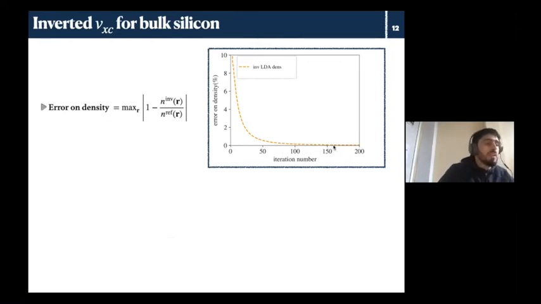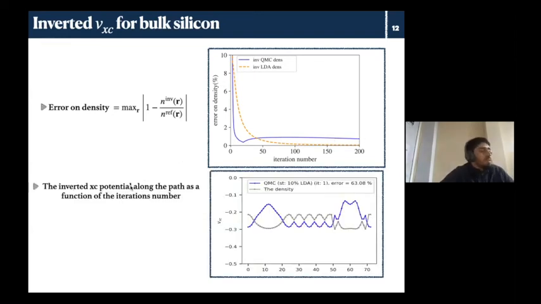And we see the convergence is very good. Now I add the error of the inversion of QMC. And we see here the error is a little bit different than LDA, it shows kind of a plateau here.